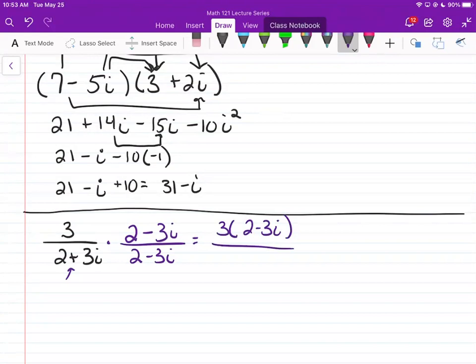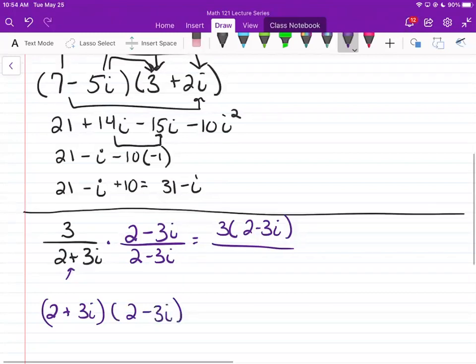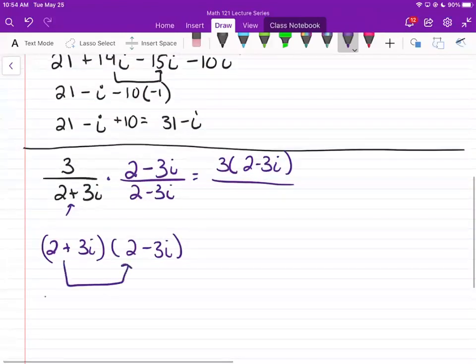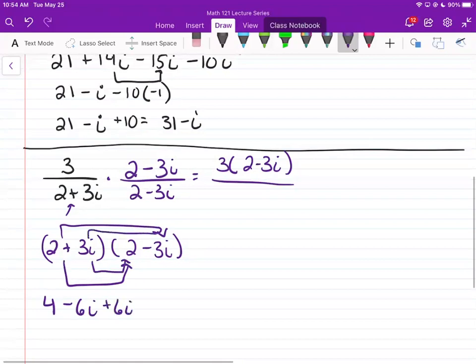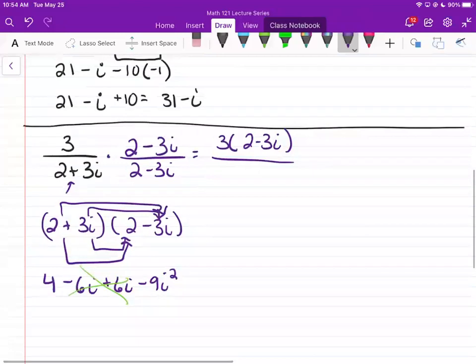And if you remember from our radical section, when we multiply the bottom two pieces, we're foiling, and we multiply first, we get 4, outside we get minus 6i, inside we get plus 6i, and last we get negative 9i squared. And if you remember, these middle terms will always cancel, so you don't ever actually need to multiply those.